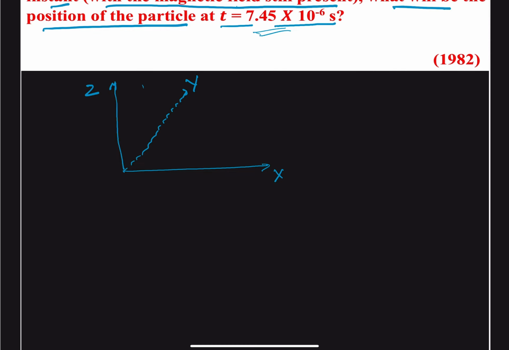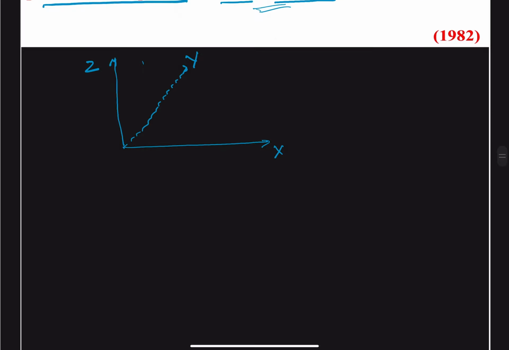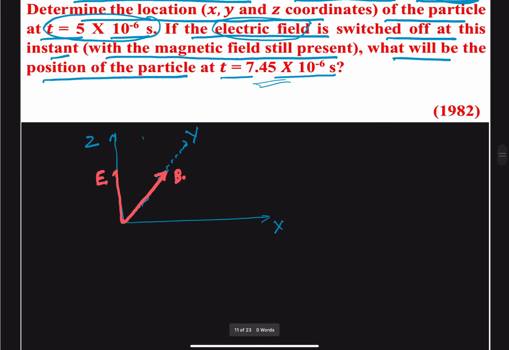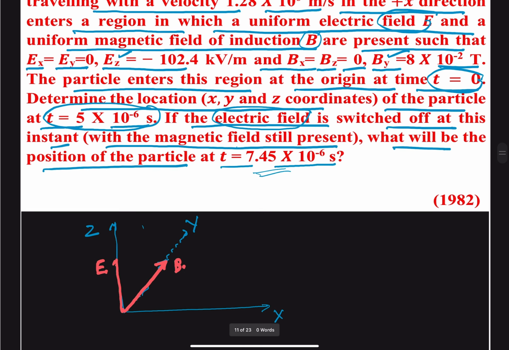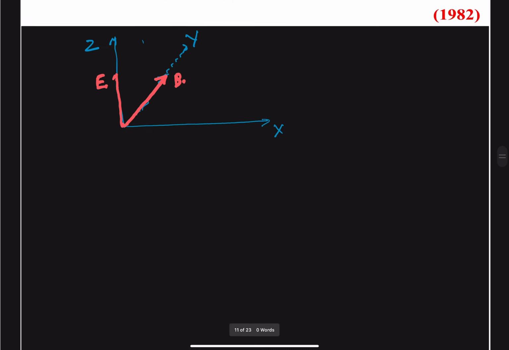We have our magnetic field only present in y direction, so this will be our magnetic field, and electric field is only present in z direction. And the particle enters the origin at time t equal to 0.